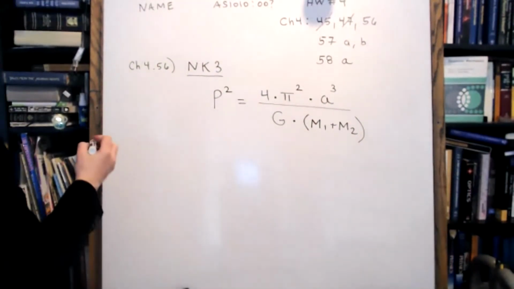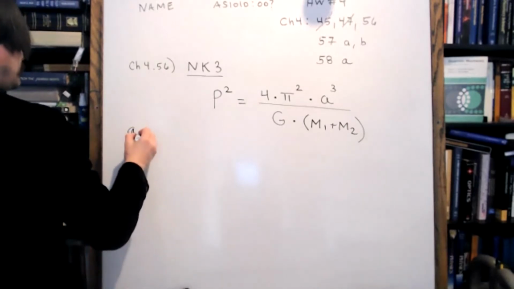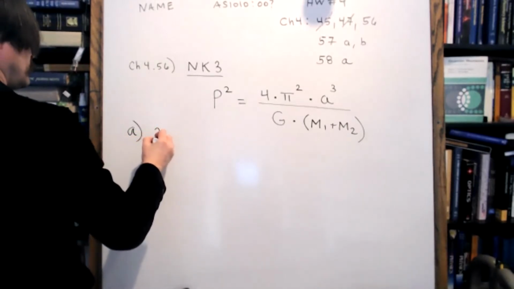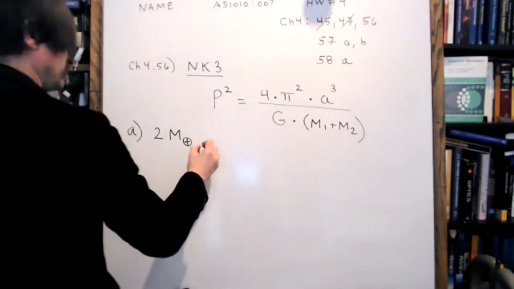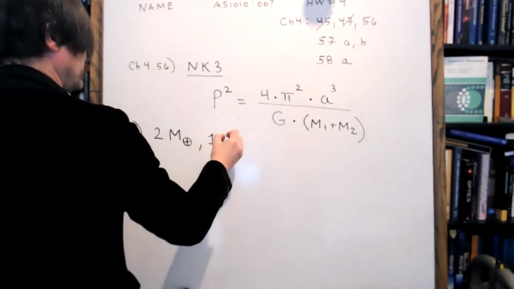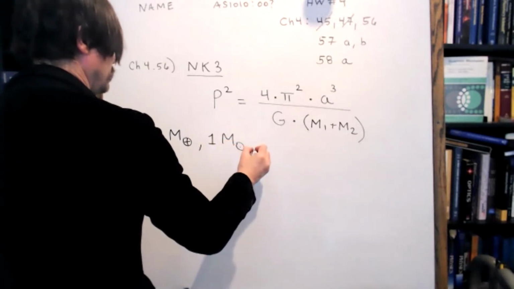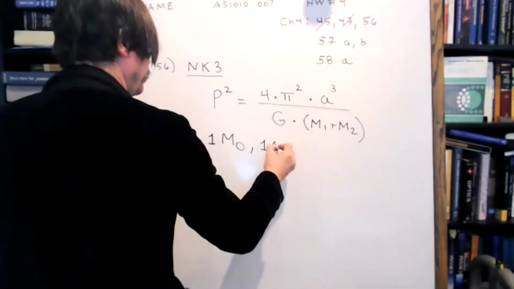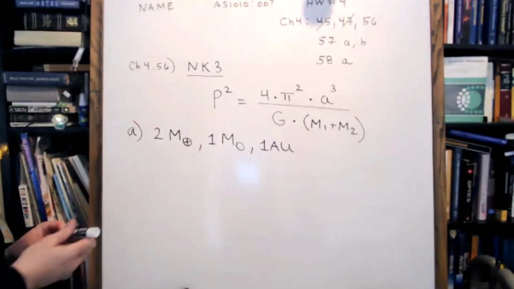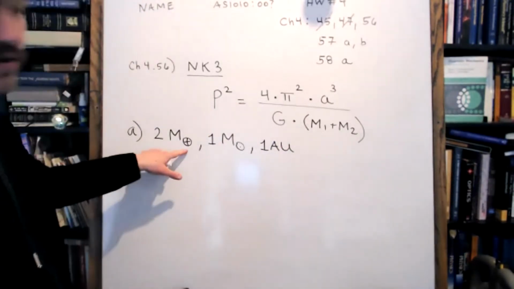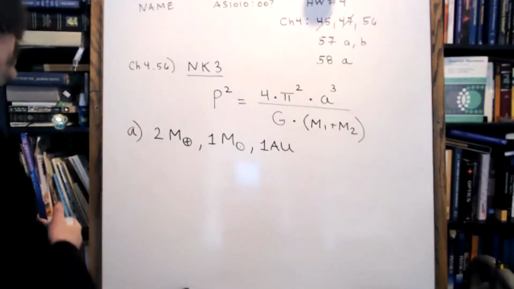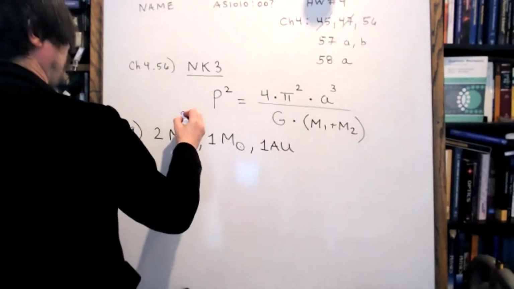What's A, Jenna? A planet with twice Earth's mass orbiting at a distance of 1 AU from a star with the same mass as the sun. Okay, it's time for you guys to learn some symbols that we're going to be using going forward in this class. The circle with a cross is the astrological symbol for Earth.